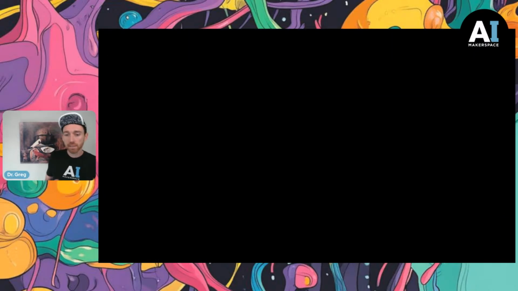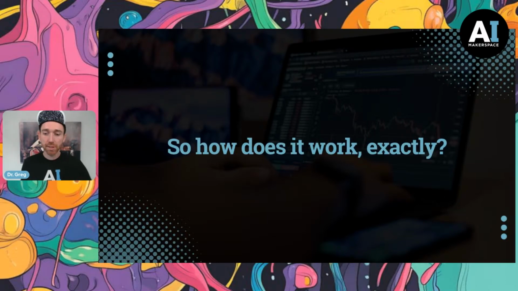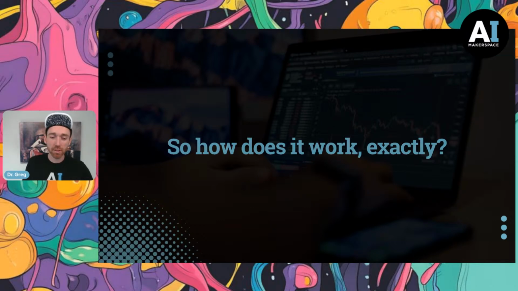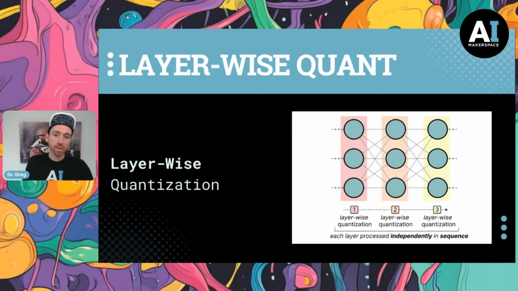Okay, so all that said, let's talk about how GPTQ actually works. This is where I'm going to give you some trailheads, but you are going to have to dig into some of the math yourself if you really want to grok it. We will show you exactly how to use it so you actually don't have to. One of the key things that differentiates GPTQ is layer-wise quantization.